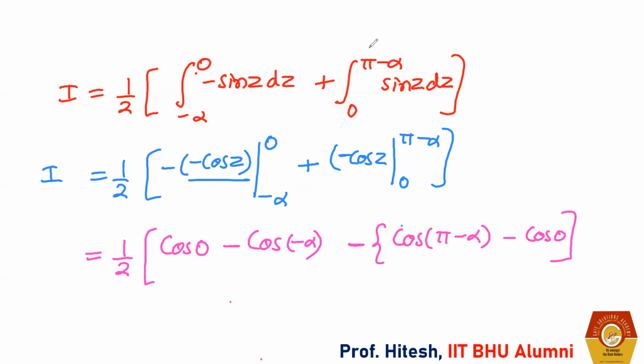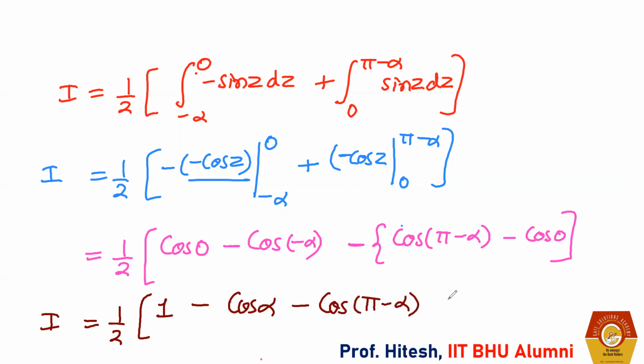So I is equal to 1 upon 2, cos 0 is 1 minus cos minus alpha is cos alpha, minus cos pi minus alpha, minus minus plus cos 0. Let me write on the next page.